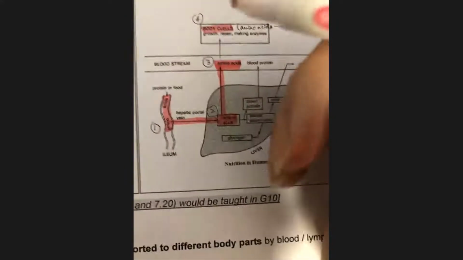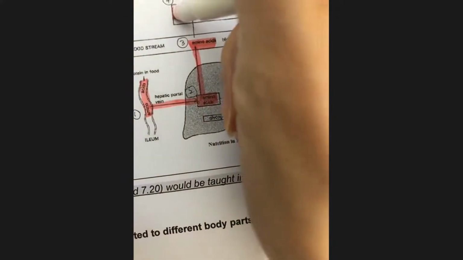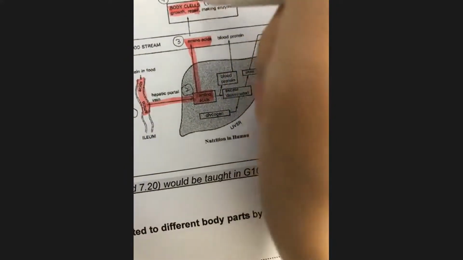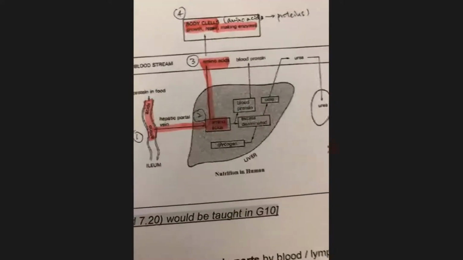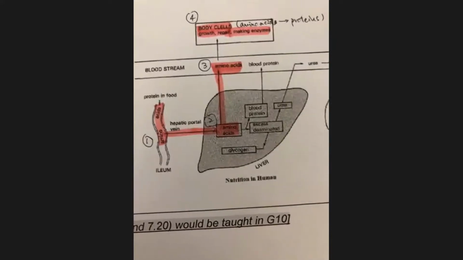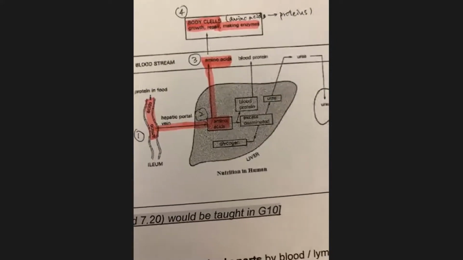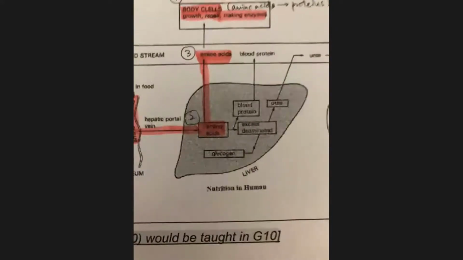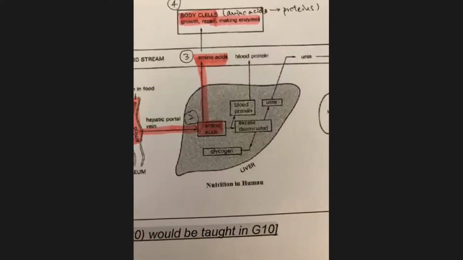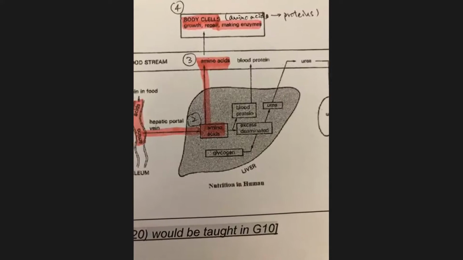And these proteins are for growth and repair and making other things like enzymes. And you remember how useful enzymes are, right? And many, many different examples. So you don't need to memorize enzymes, just memorize that they are for growth and repair. So that's all for the use.